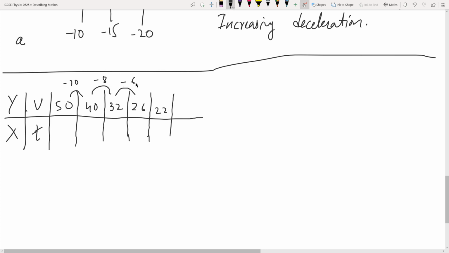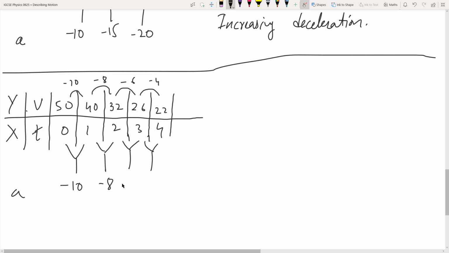Okay, that's minus 6, it is going to be minus 4, right? Again 0, 1, 2, 3, and 4. So if I draw the differences, let's draw the acceleration for this. It is going to be minus 10, minus 8, minus 6, and minus 4.